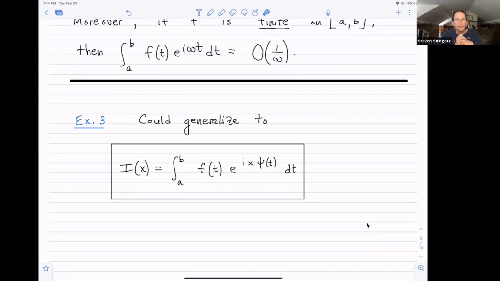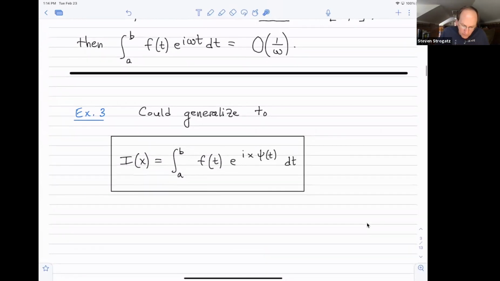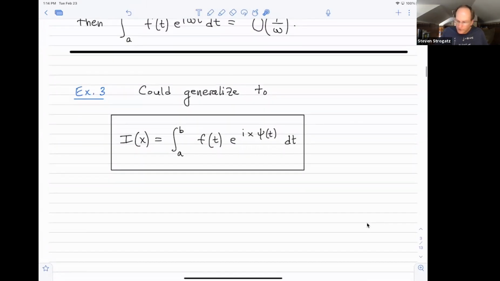So now we're going to generalize to the case that we want to spend the rest of the discussion on, which is integrals now of the form where I've got this modulation function again, think of it if you want as some continuous f of t or maybe smooth f of t, times, instead of e to the i omega t, it's now going to say e to the i x times some function of t that we'll call psi of t. So that's the generalization. It used to just be t, now it's psi of t.